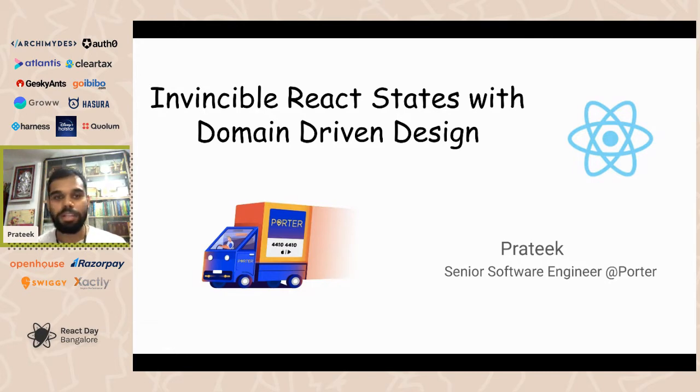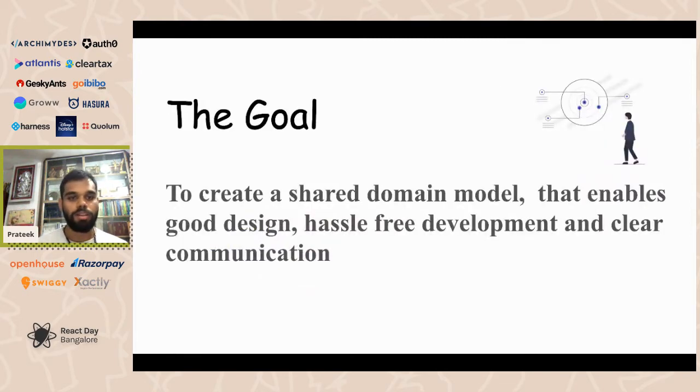It's going to help by removing all the ambiguity that comes during a product development lifecycle, where context gets lost when things are translated between different teams in a product environment. The goal today is to create a shared domain model that enables good design, hassle-free development, and clear communication.